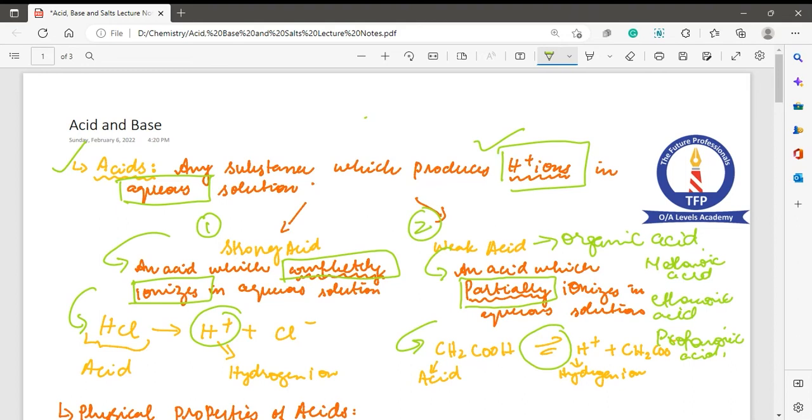So all the organic acids are known as weak acids, right?